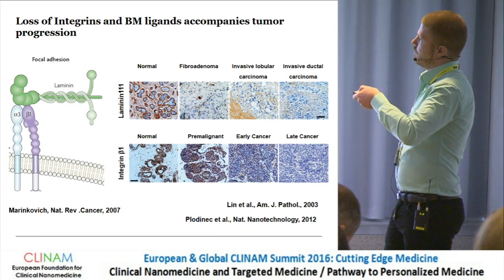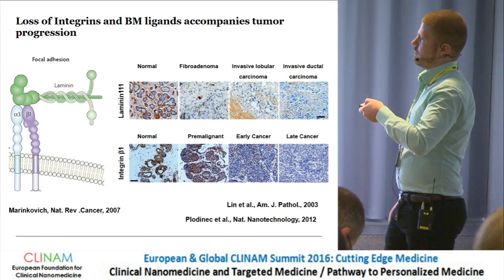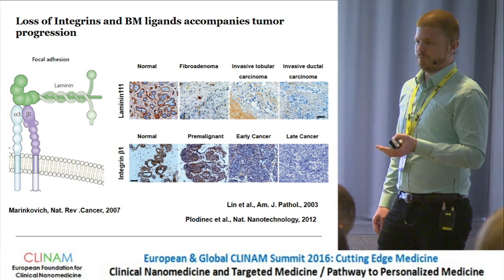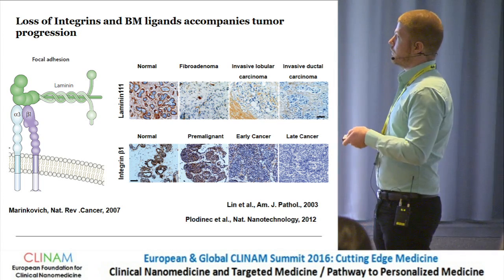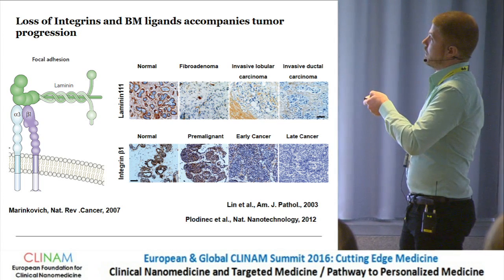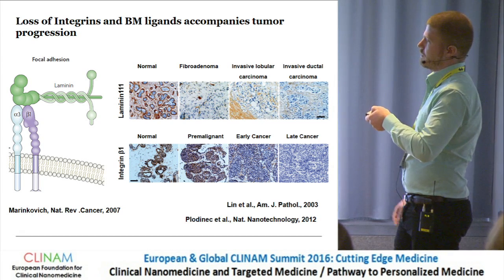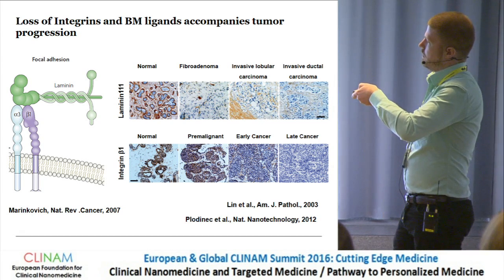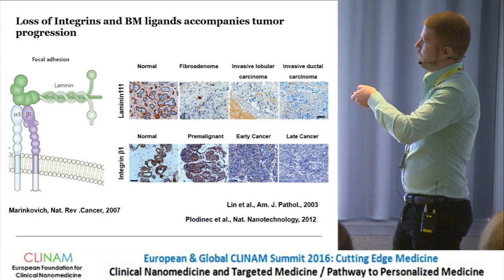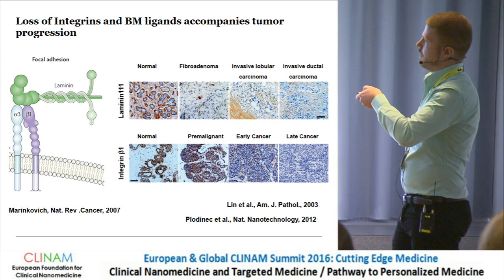And the reason for this loss of stability in the mechanophenotype is that you either lack this laminin or integrins. And you see this here depicts the membrane of a cell, and this here would be the substrate side.